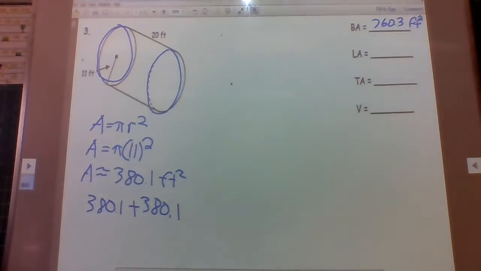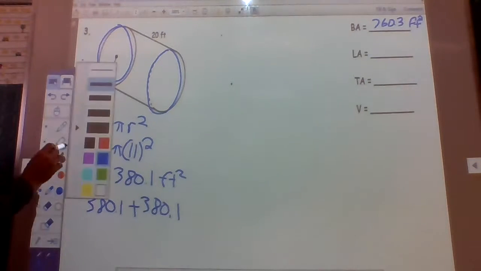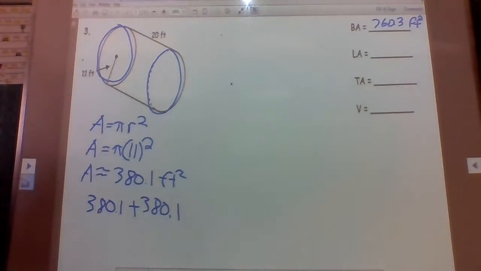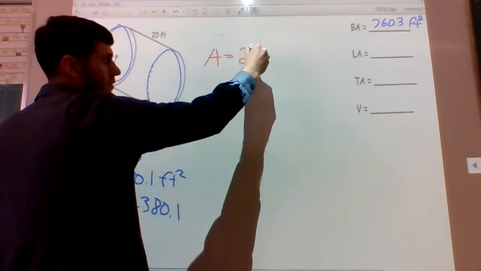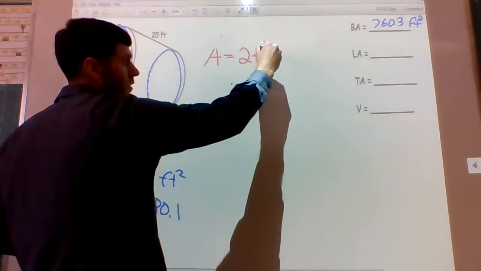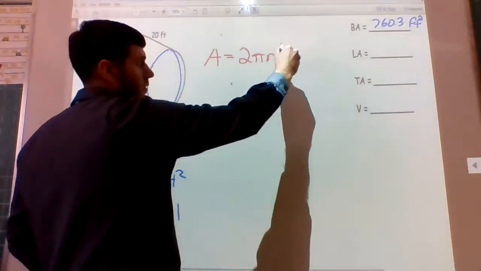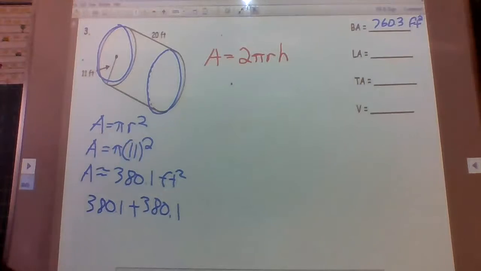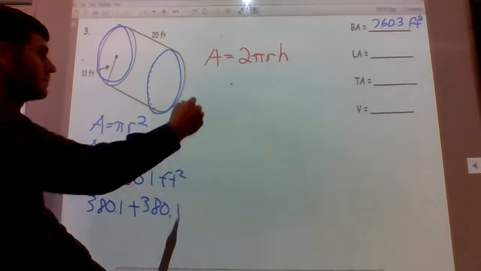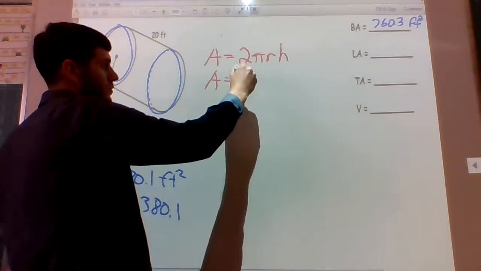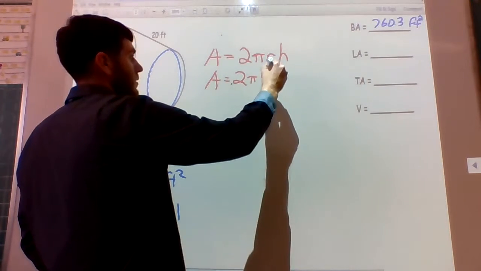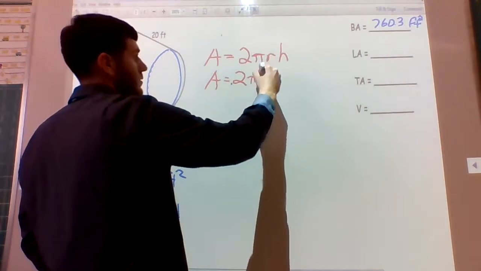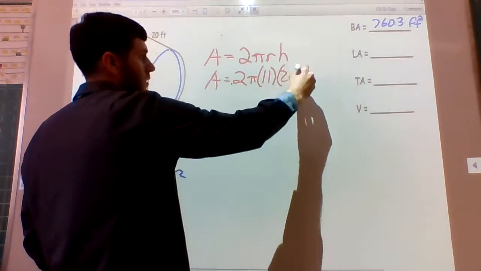Then we got to find the lateral area, the area around. So again, think of it as a label on a can. You take that label off, it's going to be a rectangle. So the area of that rectangle is going to be length times width. The length is the circumference around the cylinder, and the width is the height of the cylinder. So 2 pi times the radius, which is 4. Nope, it's 11. Radius is 11, and the height is 20.